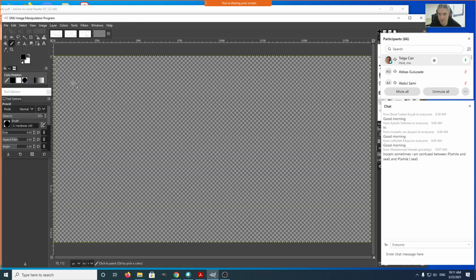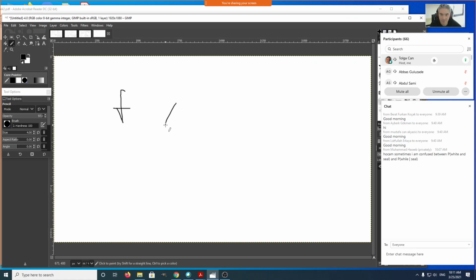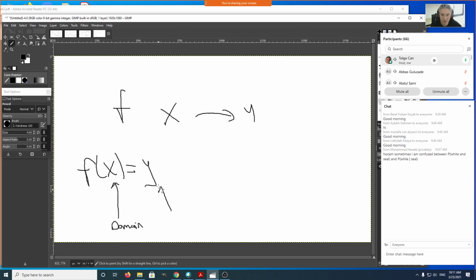For example, a function f from some domain to a range. When you say f(x) is equal to y, all the possible values you can put into this function as input are called the domain of this function, and the outputs, its results, are called the range of this function.